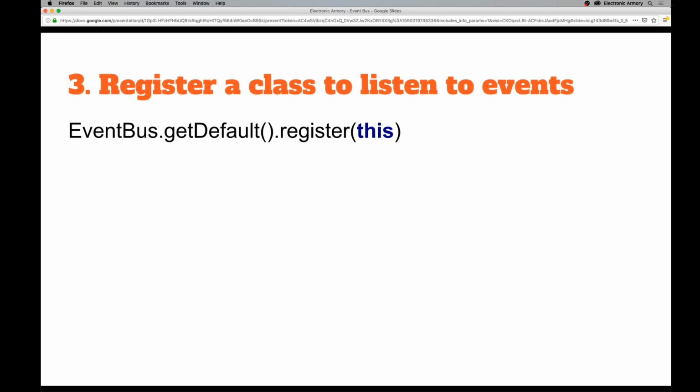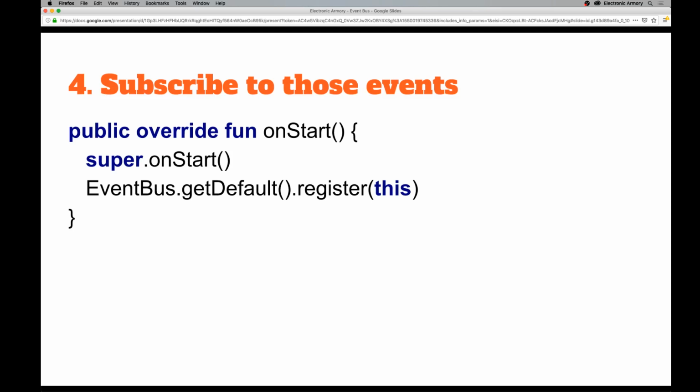So anytime you see getInstance or getDefault, that's getting either a singleton or a default instantiation, which means that in EventBus you can actually create your own specialized version of EventBus, but we won't go too much into that. You can create priorities for events, which doesn't make it an observer pattern anymore. It actually makes it an event queue, which is another design pattern, but we're not going to get into that.